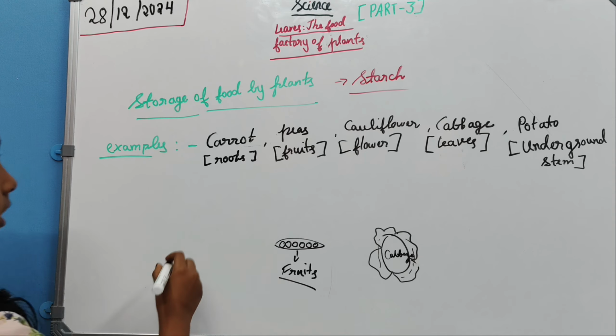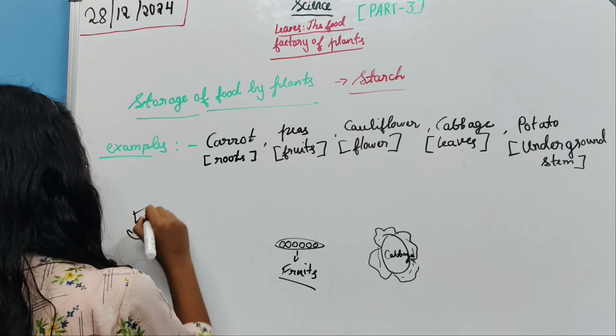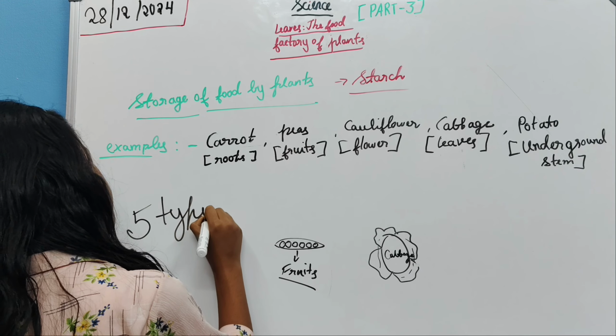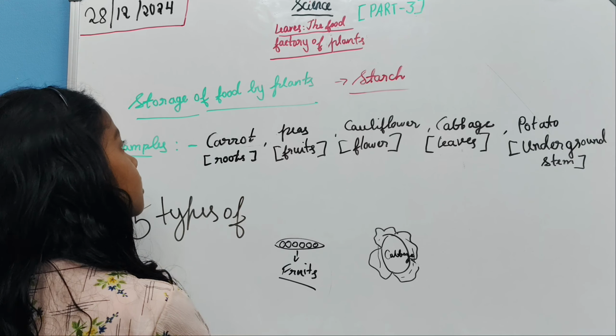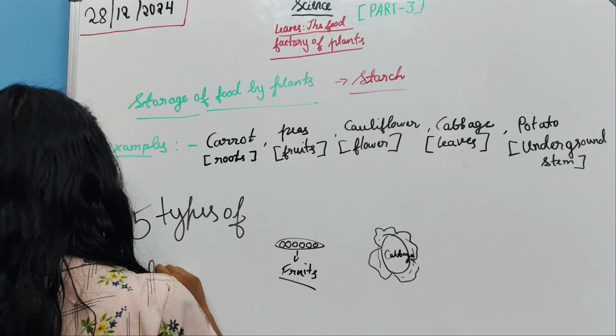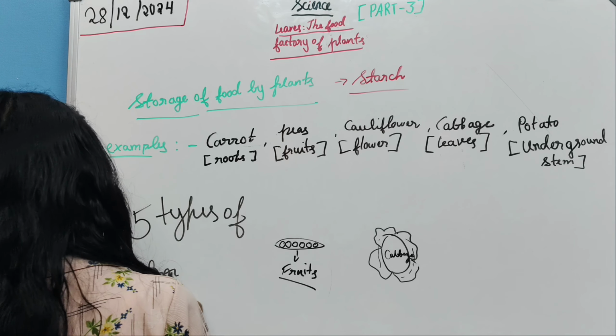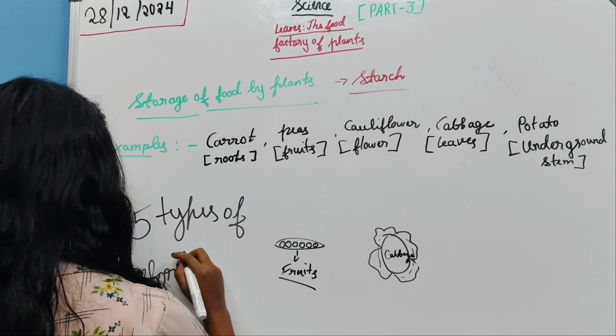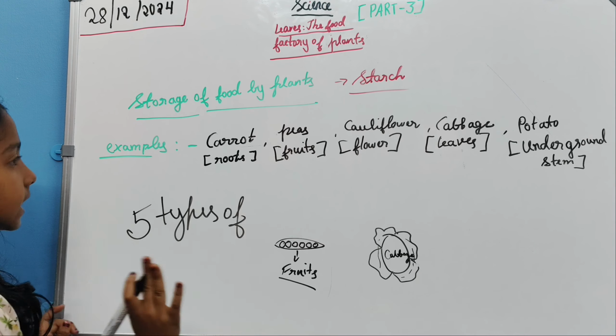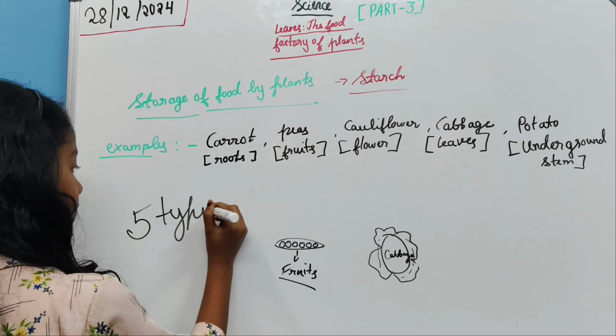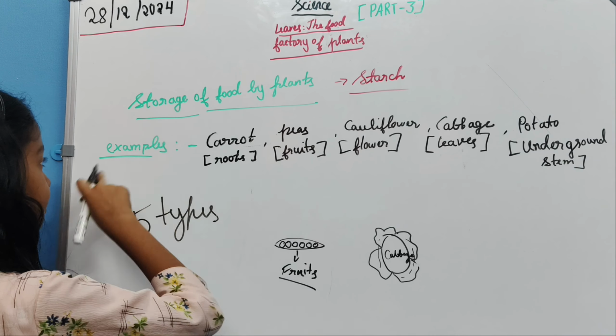Now there are five types of storing plants. Okay, these are the five types.